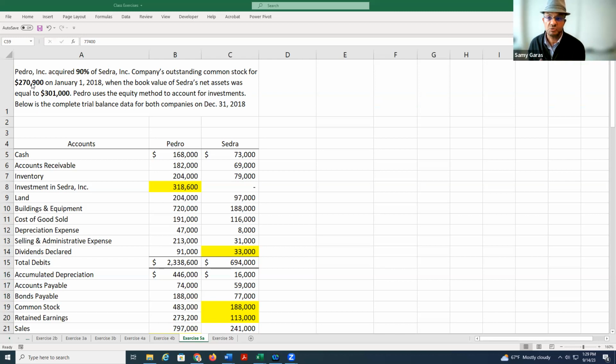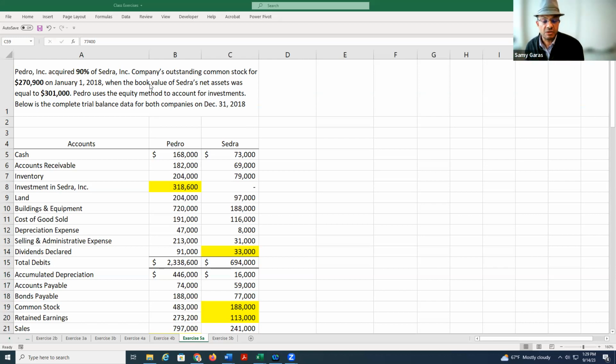But for cash, we have no problem. However, the purchase happened here on January 1st, and now we can see the trial balance on December 31st. It means the time difference between the acquisition and the consolidation is 1 year.